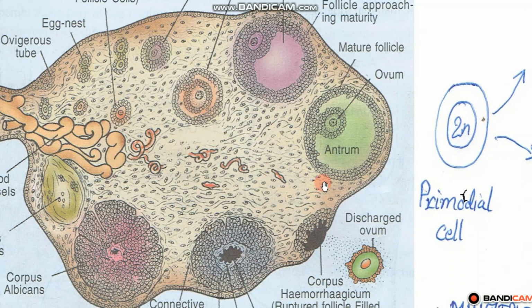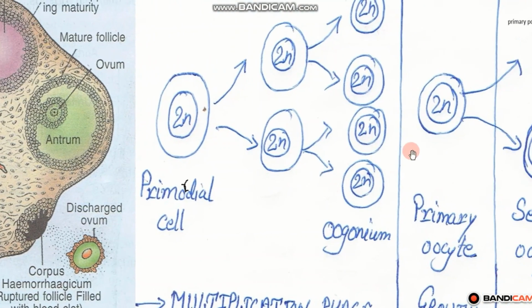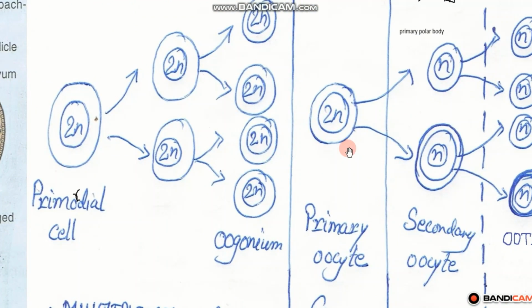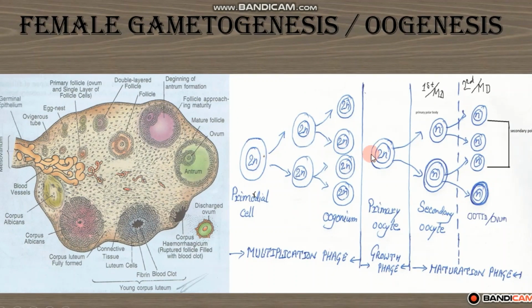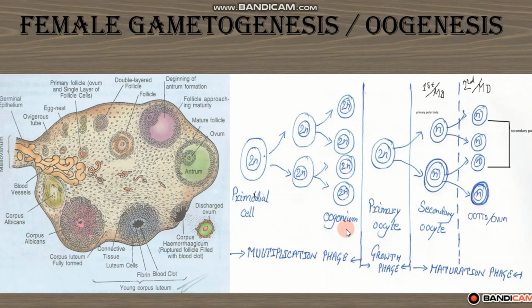So just see here in this diagram. In male gametogenesis I taught you about this structure. In male gametogenesis, I talked about this picture in that lesson. So this structure is the same in oogenesis also, but there is a quite a difference.